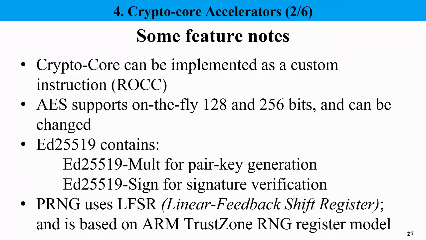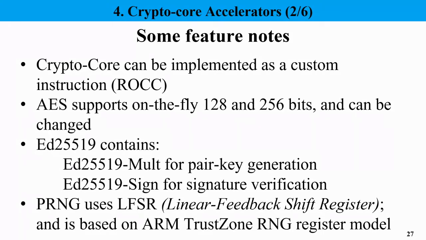The AES can support 128 and 256. ED25519 contains 2 separate accelerators, namely the ED25519 multiplier and the ED25519 signature, for key pair generation and certificate verification respectively.